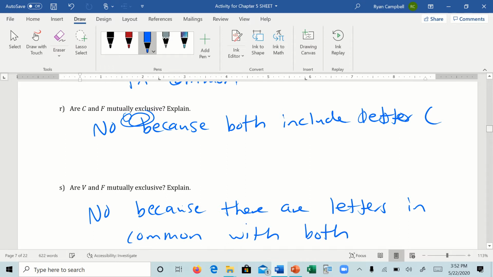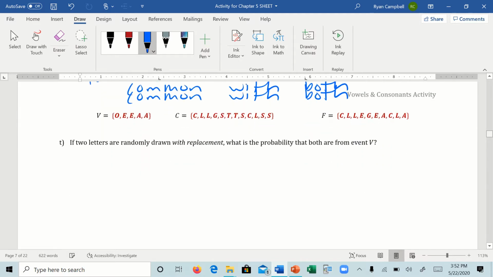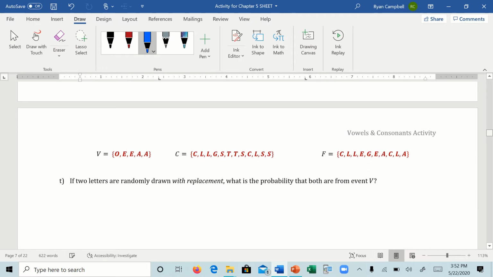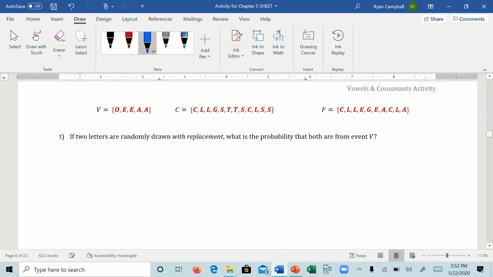All right, part T. If 2 letters are randomly drawn with replacement, what is the probability that both are from event V? So we have multiple ones, not just one letter, it's multiple letters.